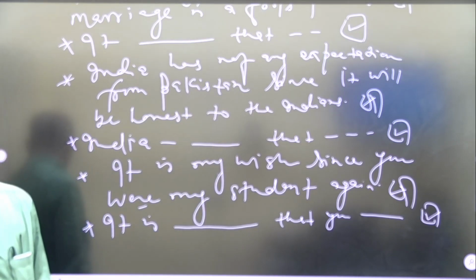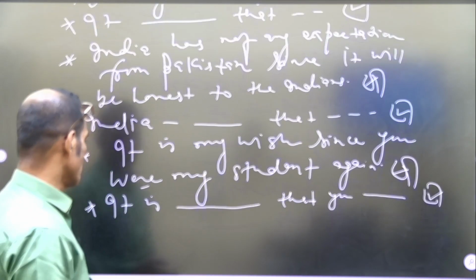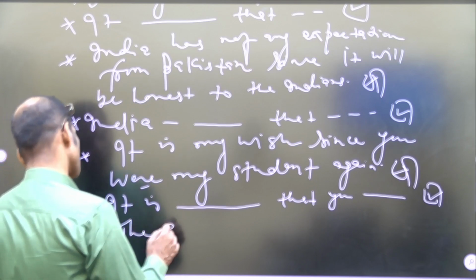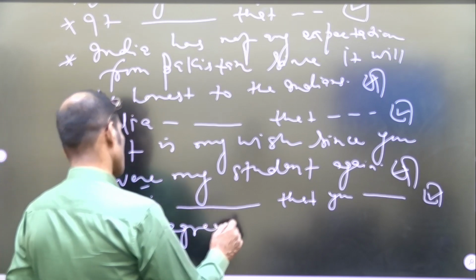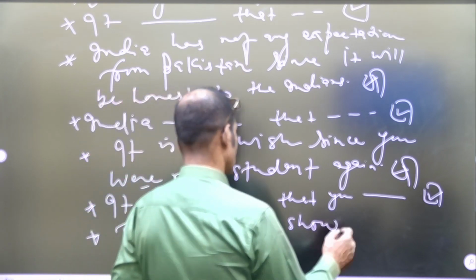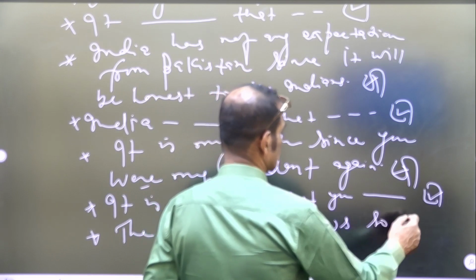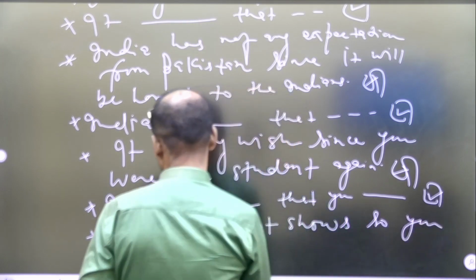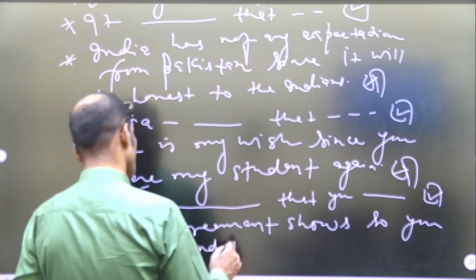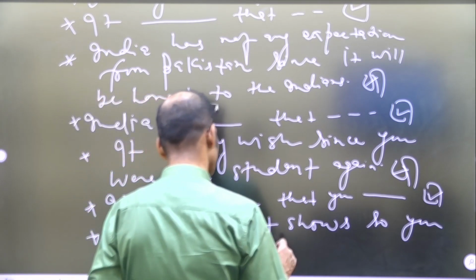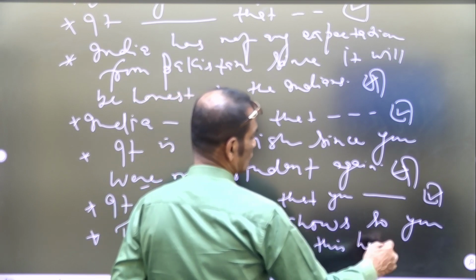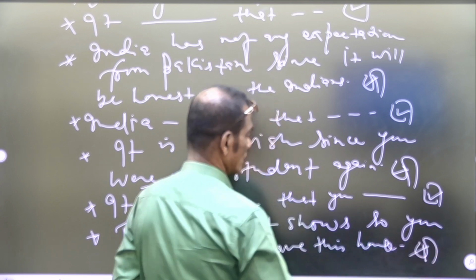Okay, and one more example. Agreement. The agreement shows so you are bound to leave this house. This one is incorrect.